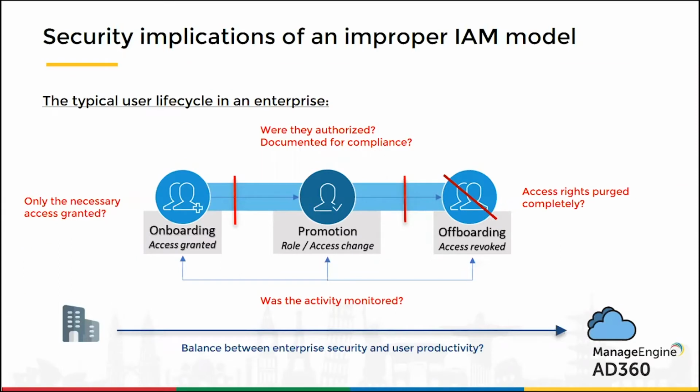And last but not the least, when the user leaves the organization or the enterprise, access must be revoked. This is a typical user lifecycle in an organization. The user comes in, has permission and access changes over time, and once the user leaves the enterprise, the access rights must be revoked. But here is where most of us make mistakes. For instance, when you onboard a user, what if the user is granted broad access, access that he or she needs, but just a little bit more than that?